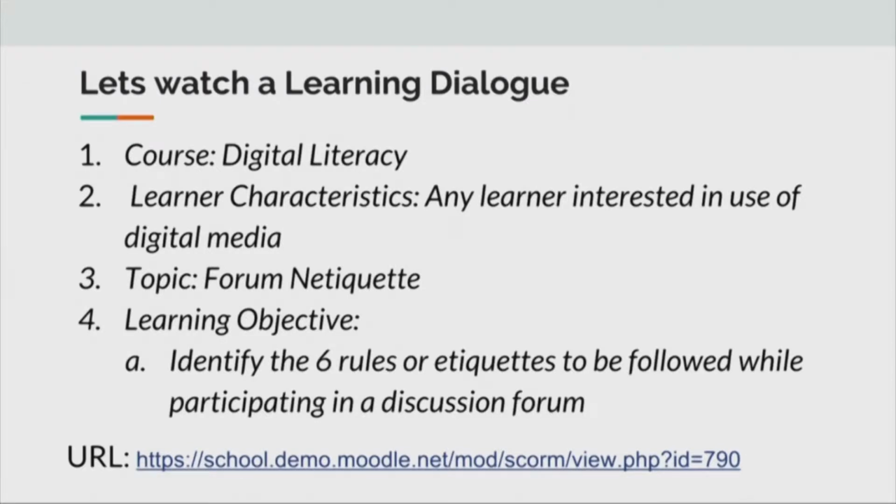So let's watch a learning dialogue, but before watching it, let's go through the whole idea of it. The course is digital literacy, learner characteristics: any learner interested in use of digital media. The topic inside digital literacy is forum netiquette. The learning objective is to identify the 6 rules or etiquettes to be followed while participating in a discussion forum.